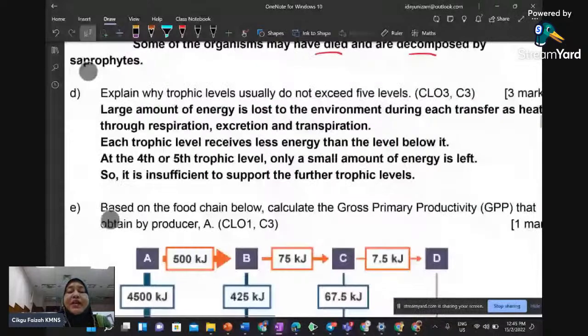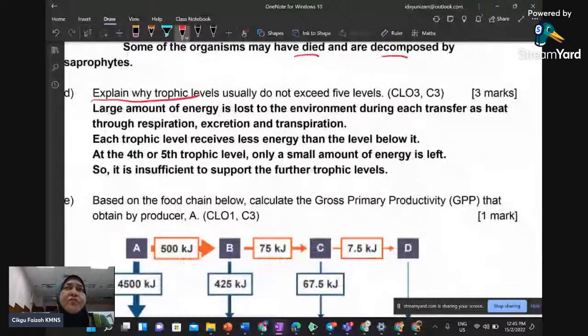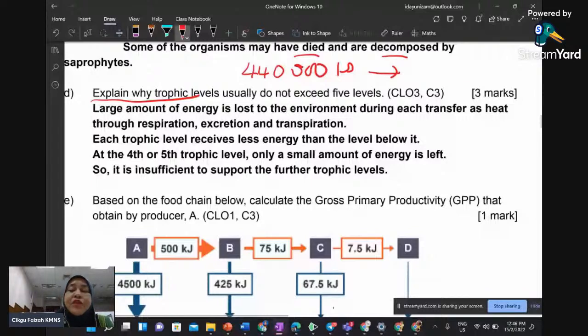When learning about trophic levels, energy transfers from one trophic level to another. Just now, from 440,000 kilojoule, how many kilojoule are left by the fourth trophic level? Only 440 kilojoule.